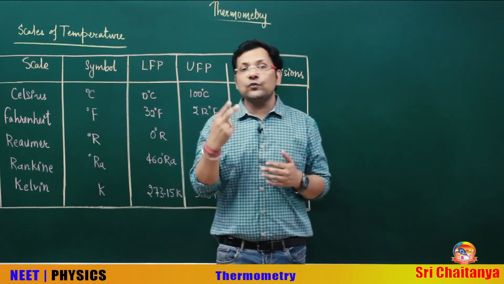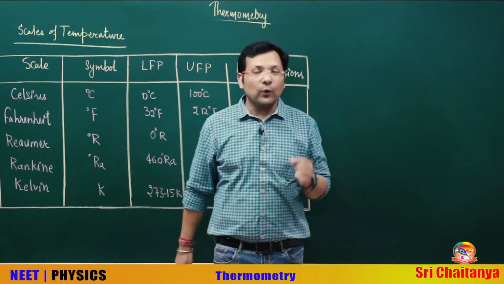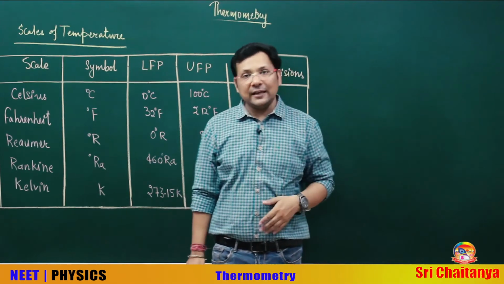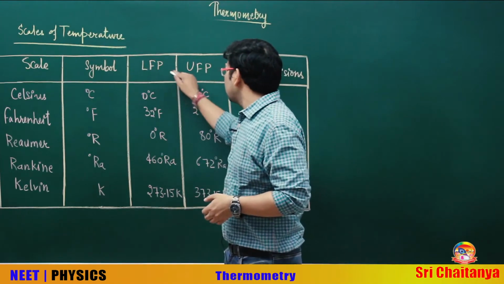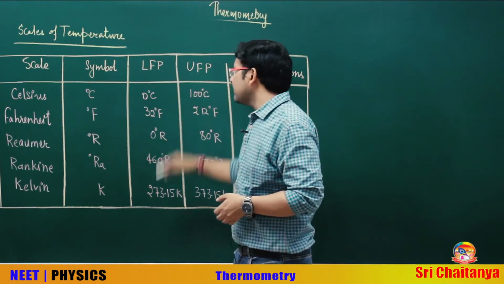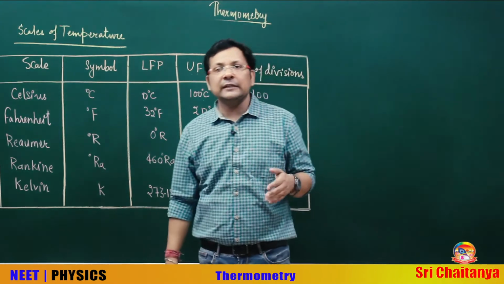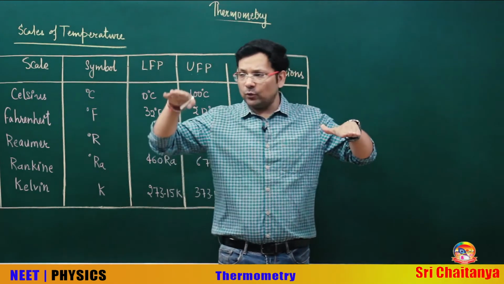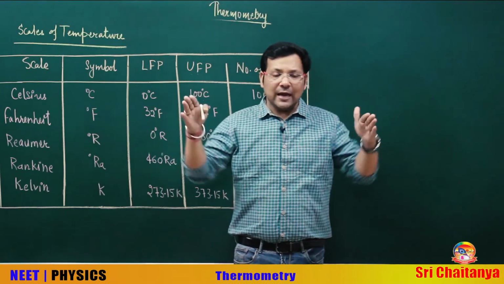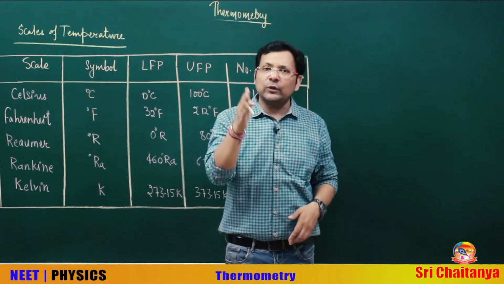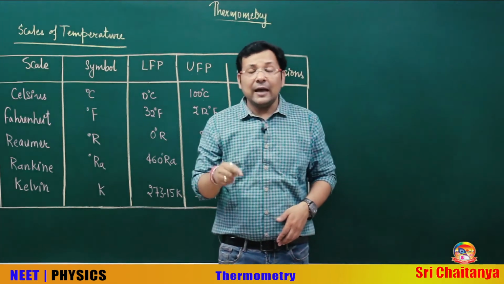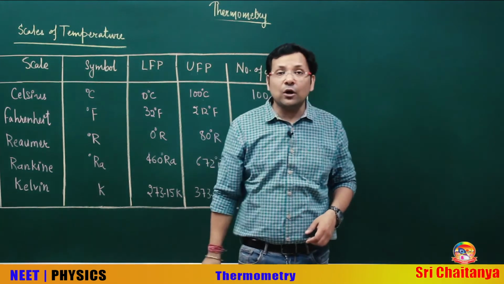There the two fixed point theory was used: the lower fixed point, LFP, which we also call the melting point, and the upper fixed point, the boiling point. They were made as references, and the gap between them was divided into a number of equal divisions.